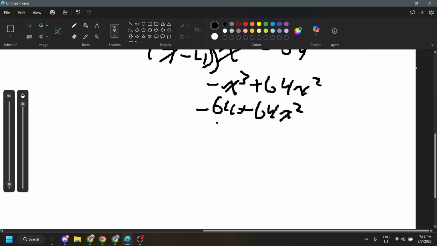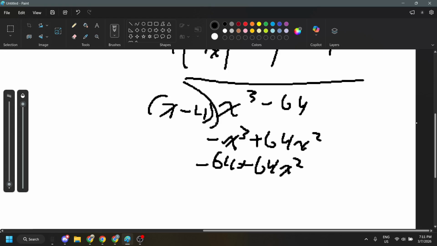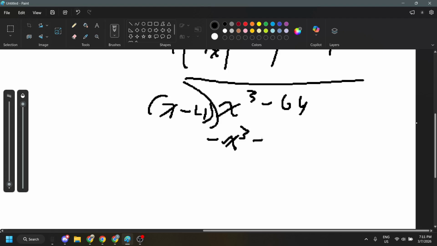No, I did that wrong again. Here it's plus 4x squared. So now we are left with 4x squared minus 64.